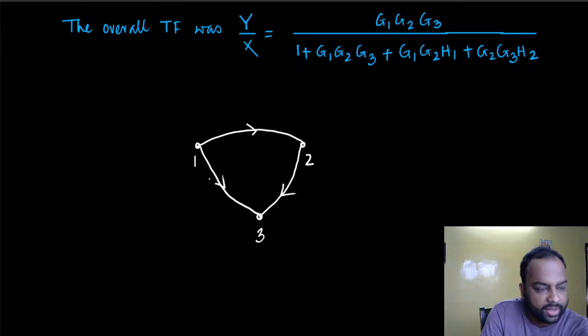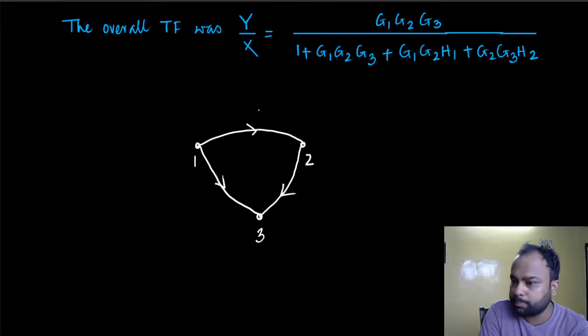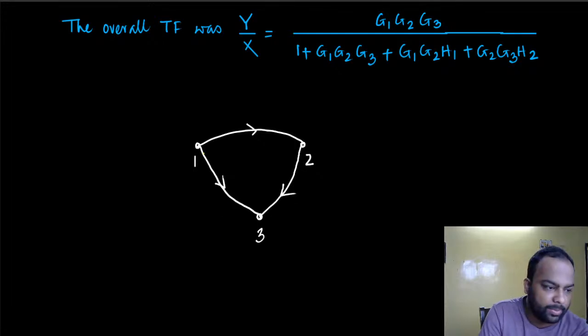Or I can go from city number 1 to city number 3 directly. Now if I ask you which set of roads you are going to consider, this way or this way, of course you're probably going to say, I'm just going to take the shortcut, I'm going to directly go from city number 1 to city number 3.